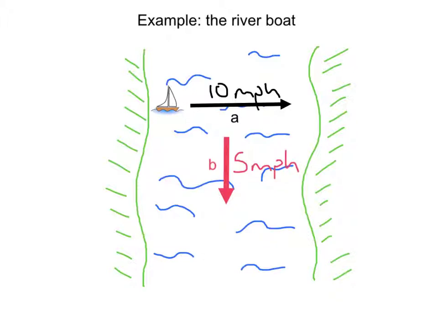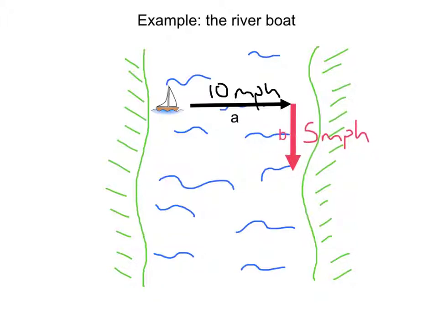Now the problem we need to solve is, what is the velocity vector of our riverboat if it's travelling 10 miles per hour across the river and the current is pulling it 5 miles per hour downstream? Well, to answer this question, what we do is we put the vectors end to end like this.